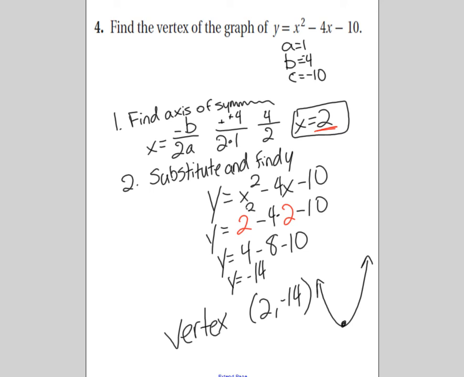Okay? How many zeros would this have? 2. Why 2? If we drew the grid around it, what would it look like?